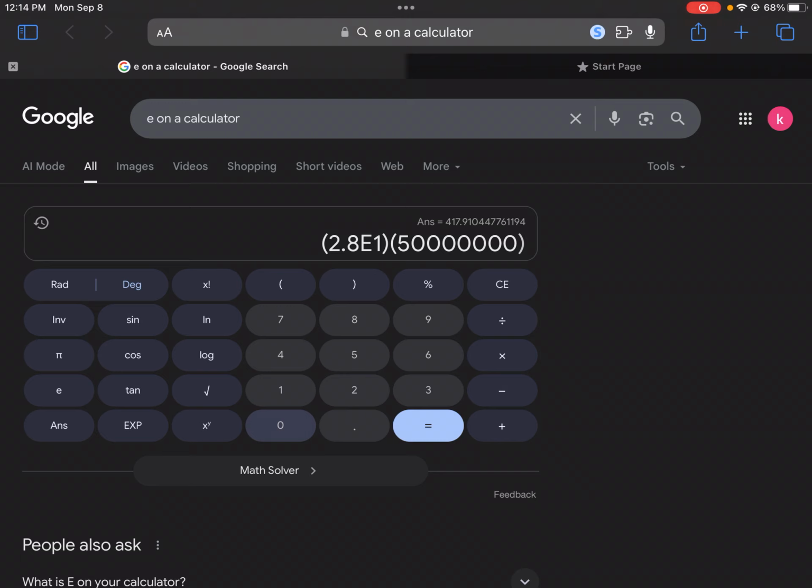That's 50 million. When you're working with parentheses in a calculator, once you close the parentheses on the end of a number, then open another one, that automatically means to multiply. So you don't have to put times and then start the parentheses again. It knows that you're trying to multiply.